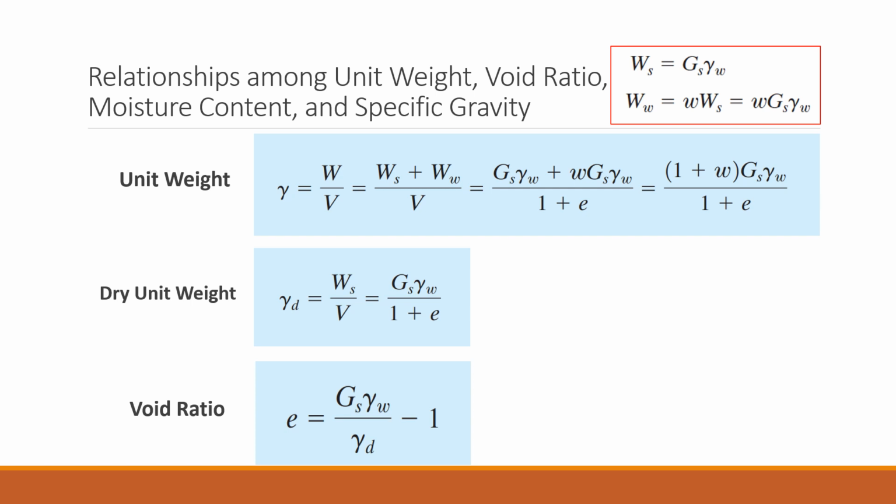And we know from the formula that we have transformed earlier, weight of solids is equal to the specific gravity times the unit weight of water, and weight of water is equal to the moisture content times the specific gravity times the unit weight of water. And we know, as we have established on the first part of this problem, for us to be able to explore the relationship between these properties, volume of voids is equal to 1 plus E.